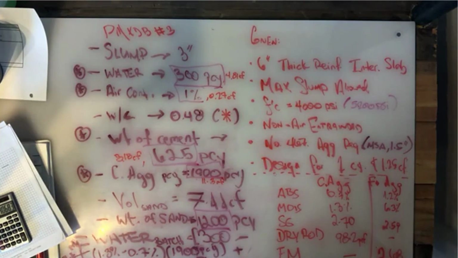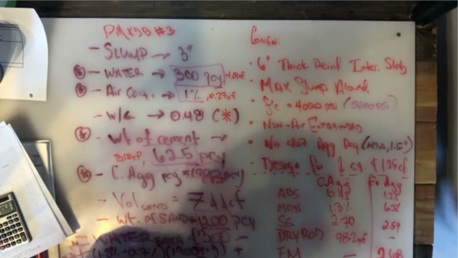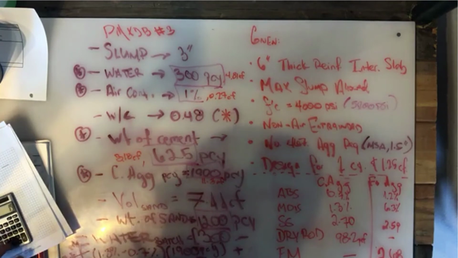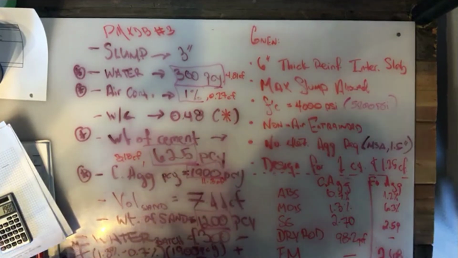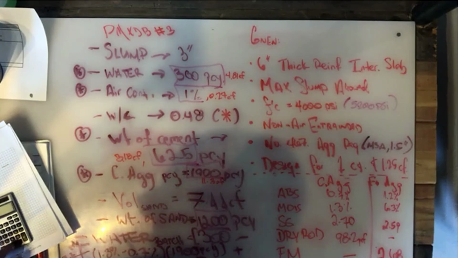Okay, so there it is. The one change that I would make is that for the coarse aggregate, you're going to multiply that 1,900 pounds times our moisture content for our coarse ag, which was 1.3%.